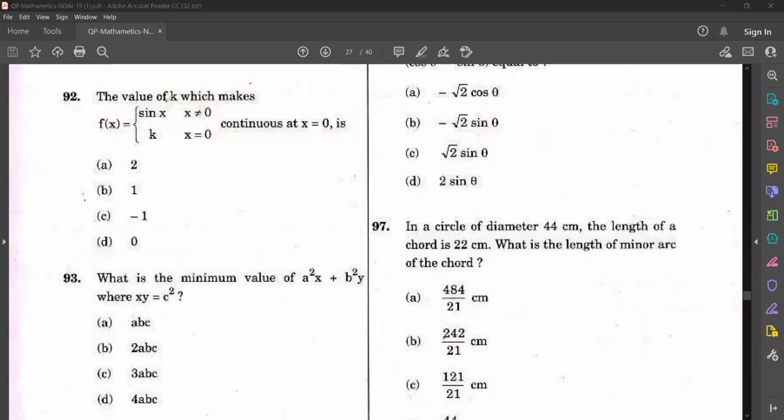Find the value of k which makes sin x for x not equal to 0, and k for x equal to 0, continuous at x equal to 0. Very easy, do fast.